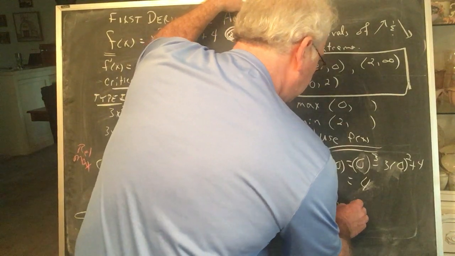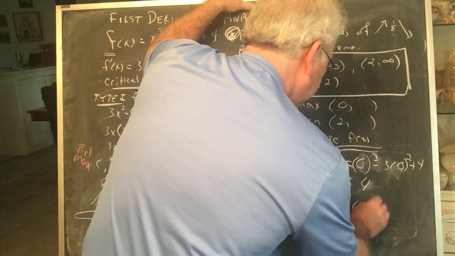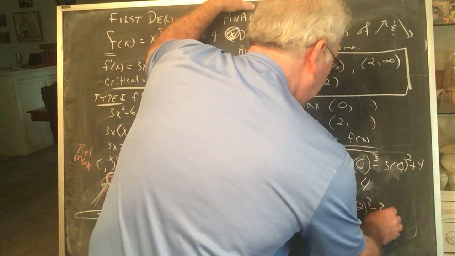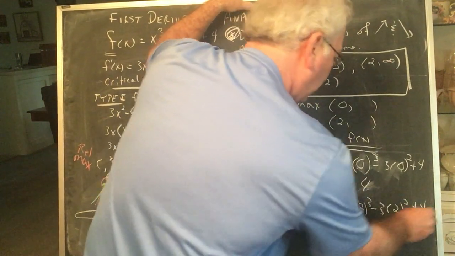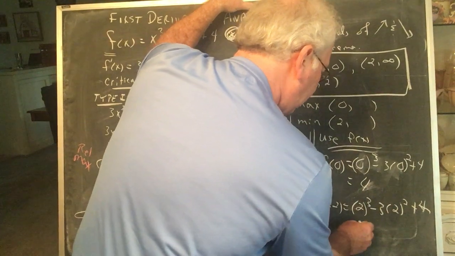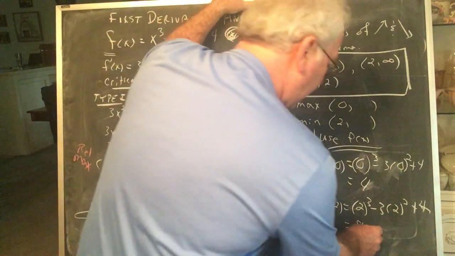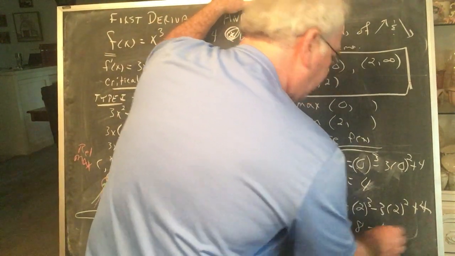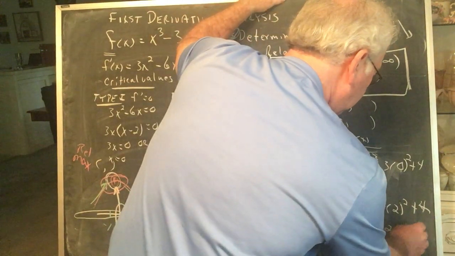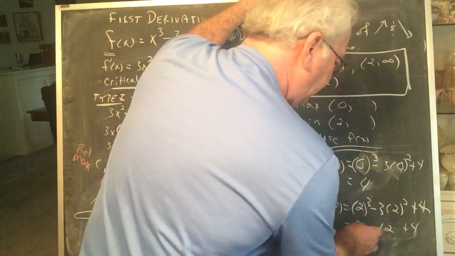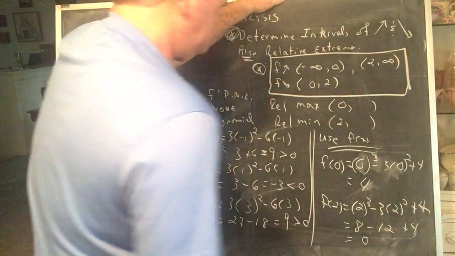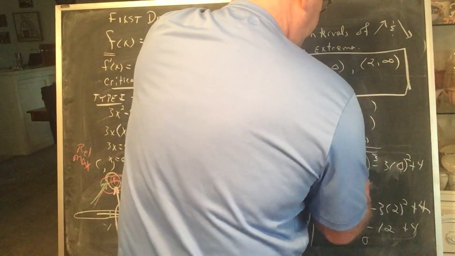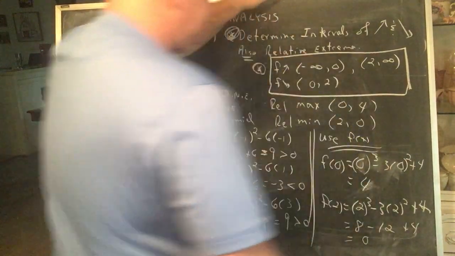And then f of 2 is 2 to the third minus 3 times 2 squared plus 4. And we need to actually compute that. That's 8 minus 12 plus 4. I believe that works out to be 0. So we have 2 comma 0 and 0 comma 4.